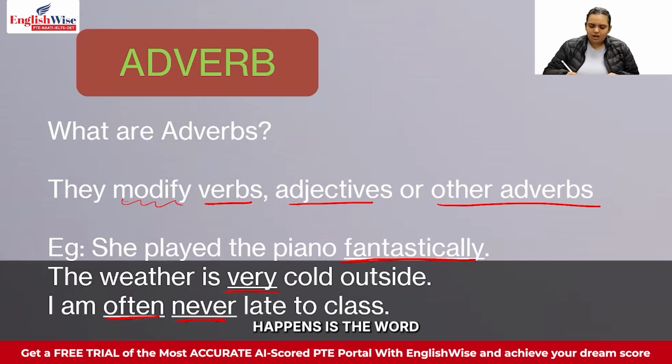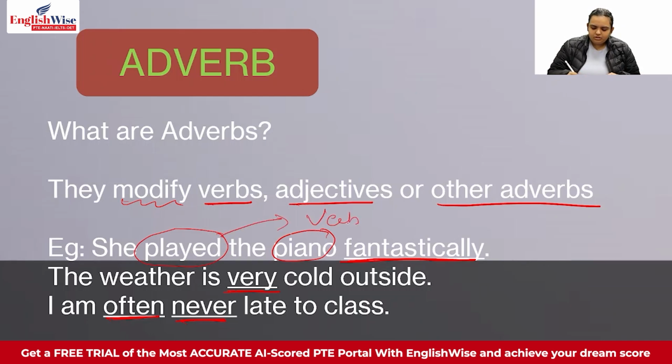Over here, the whole thing, playing the piano, is a verb. The word cold over here is an adjective, and the words never and often are both adverbs.